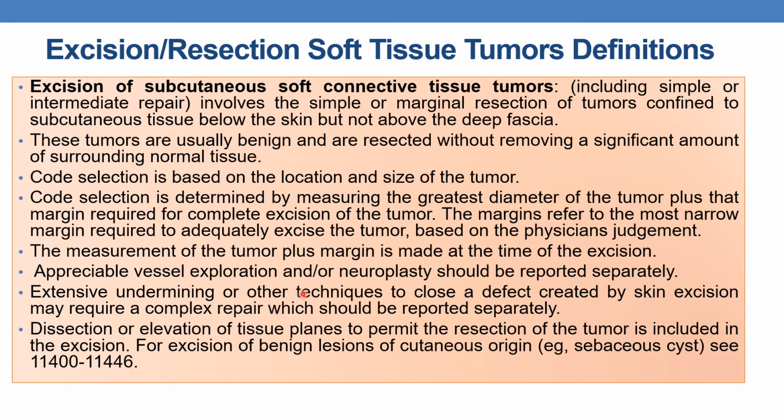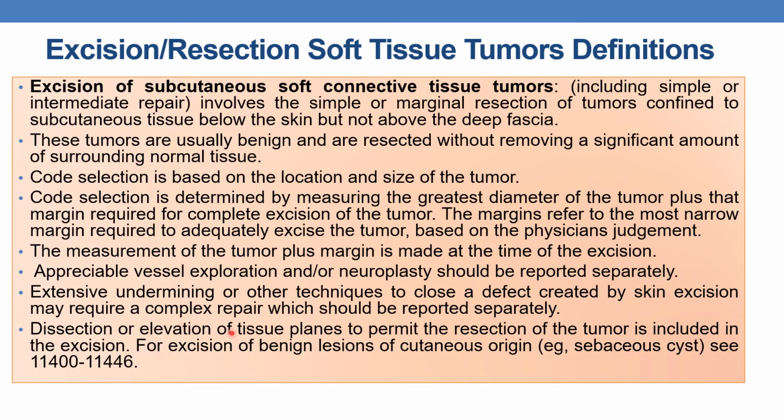Appreciable vessel exploration and or neuroplasty should be reported separately. This is an important point. Extensive undermining or other techniques to close a defect created by skin excision may require a complex repair, which should be reported separately.